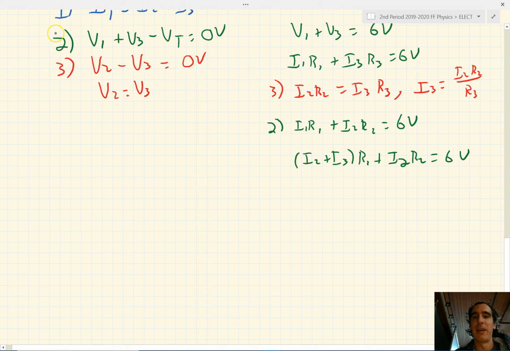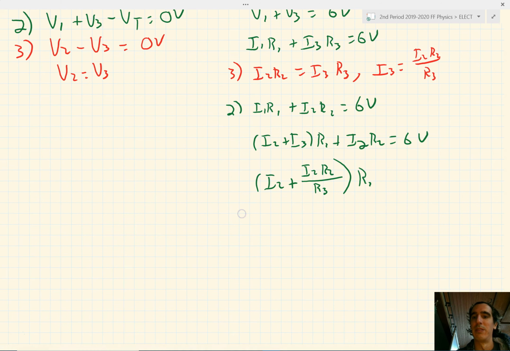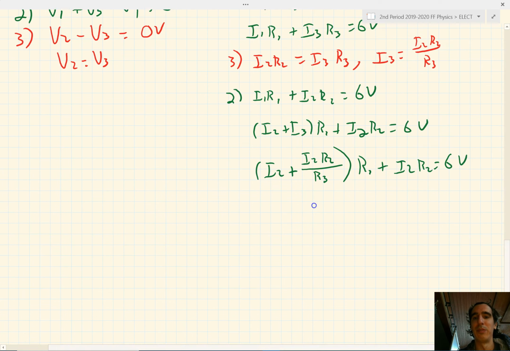So we can say that I2 plus I3, which is I2 R2 over R3, times R1 plus I2 R2, and that equals 6 volts. So from here we know everything except for I2, which means our goal is just to isolate I2, and we could plug and chug.